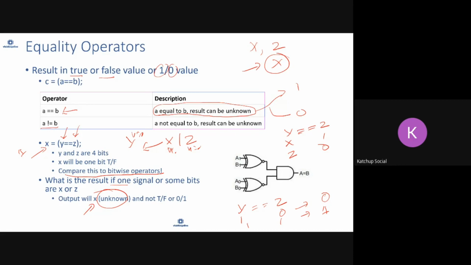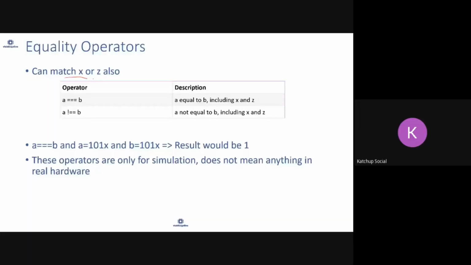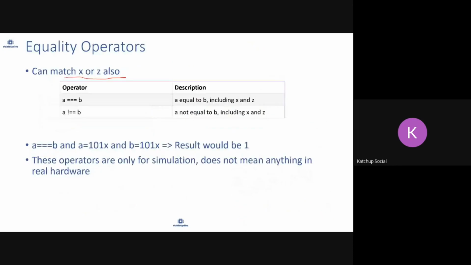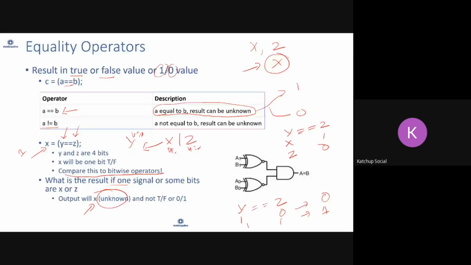Now suppose you want to check equality when x is also involved. There are special operators which can also match x and z. The symbol for that: instead of 2 equal signs, you will use 3 equal signs. Instead of not equal with 1 equal sign, you will use not equal with 2 equal signs.